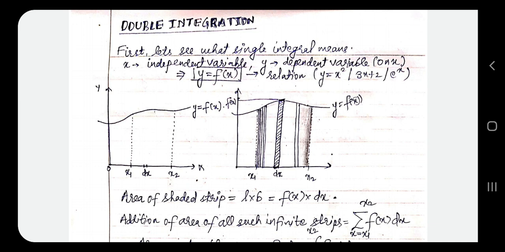So let's see by a graph, if that curve represents y is equal to f of x. For every x we plot y by that relation y is equal to f of x. That relation will draw this curve.